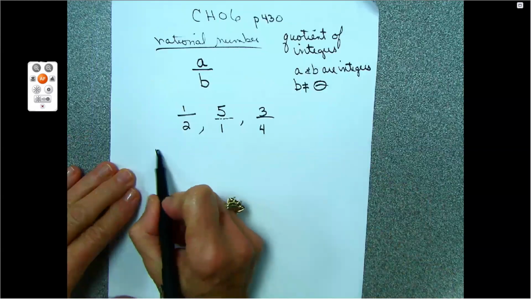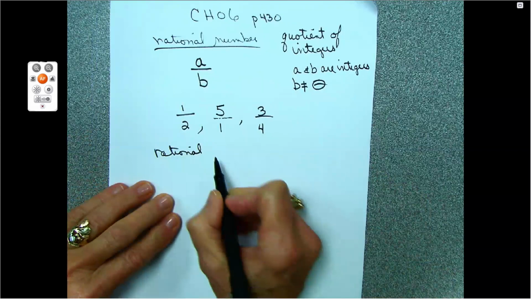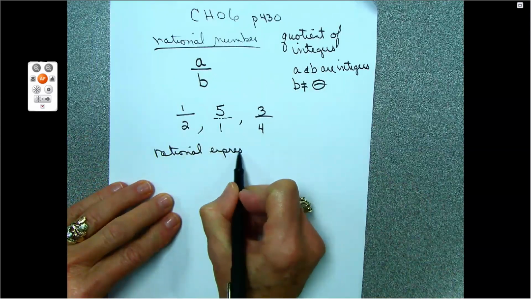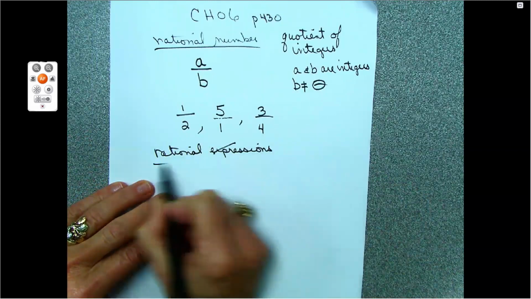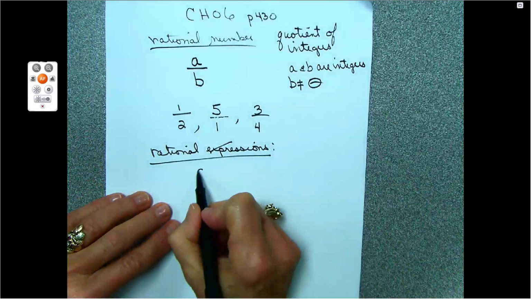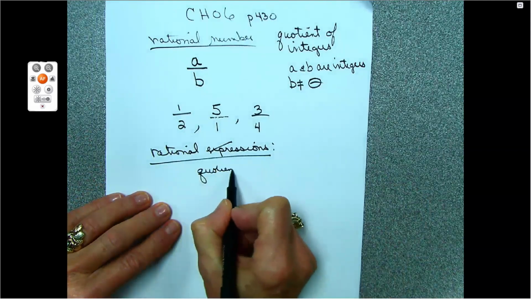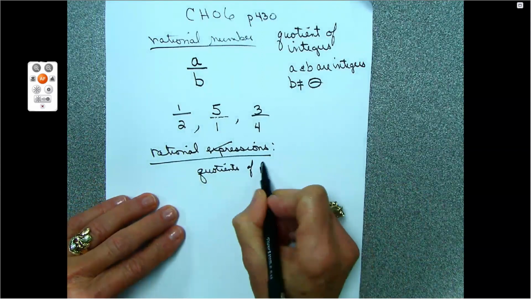Okay, well then we are going to be manipulating rational expressions. And rational expressions are quotients of polynomials.